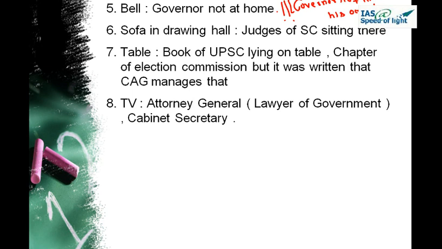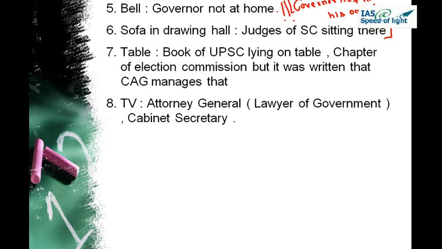So on the sofa, Supreme Court judges are sitting there. You can see the judges' uniform, that black coat. So Supreme Court judges is our next inclusion in the list.